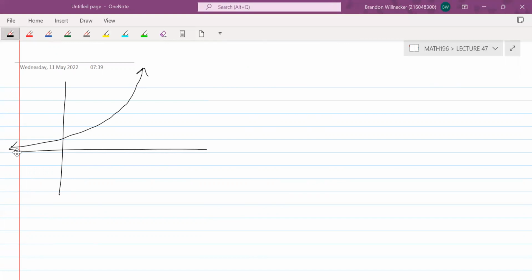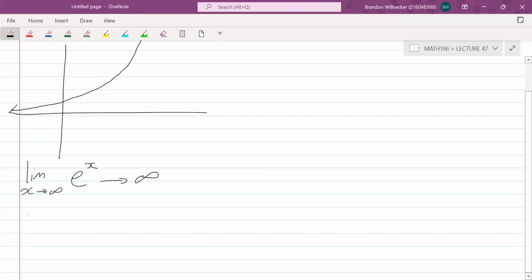So in this case, if we take the limit as x goes to infinity of e to the x, this is going to go to infinity because we see that as we go to the right, the function just gets bigger and bigger. However, if we go to the left and we take the limit as x approaches minus infinity of e to the x, then this is going to go to 0. Okay, because if we follow this line to the left, it's going to go down to 0.